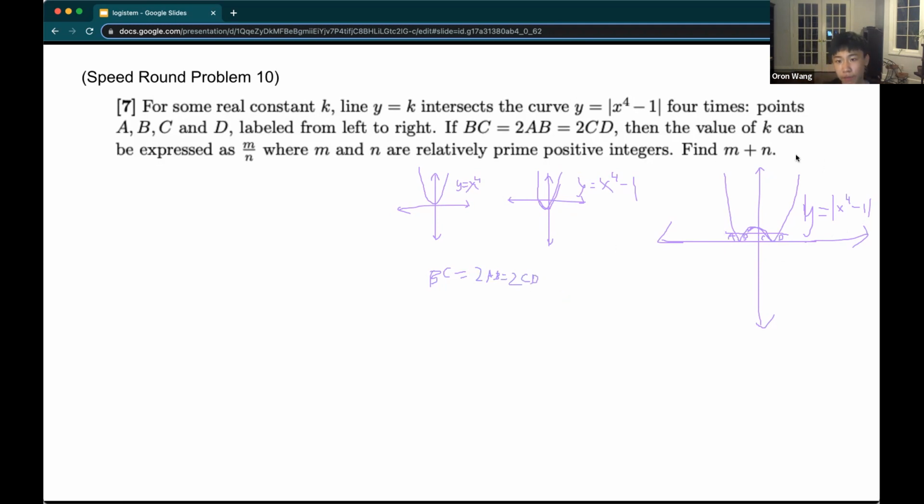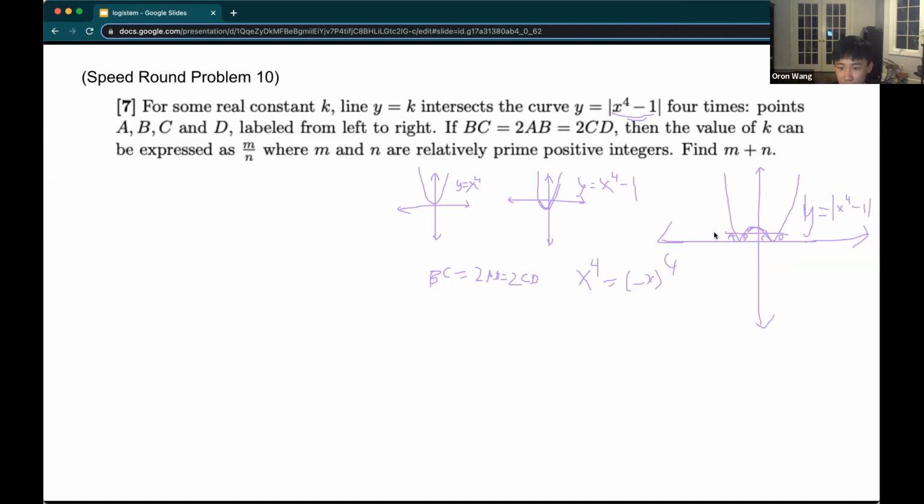Well, we can see that this graph is symmetric, so that if you replace x with negative x, this expression will stay the same, since x to the fourth equals negative x to the fourth. So the graph is symmetric over the y-axis. You can reflect it and it still stays the same.